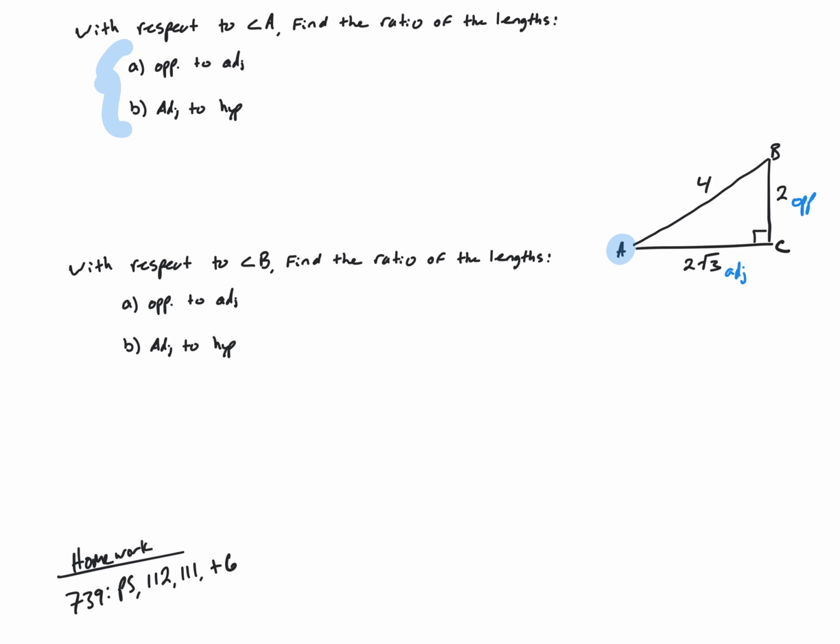So if I'm going to say opposite to adjacent, this is going to be 2 over 2 square roots of 2. The 2 will reduce down, giving me 1 over the square root of 2. And then if we multiply that by the square root of 2 over the square root of 2, which is just 1, that gives us the square root of 2 over 2. And that we've done in previous lessons, so should be somewhat familiar to see that.